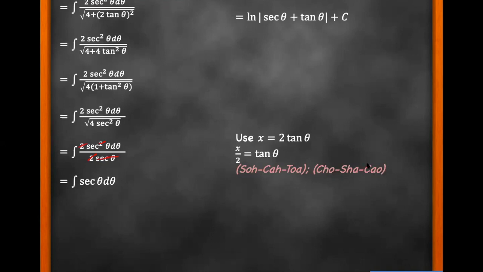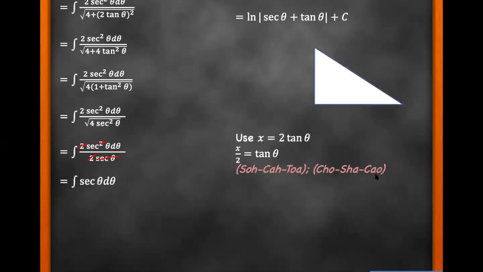CHOSHACOA, on the other hand, is the reciprocal of this one. So for CHO, we have cosecant is equal to hypotenuse over the opposite side. SHA means secant is equal to hypotenuse over the adjacent side. And COA means cotangent is equal to adjacent over the opposite side.